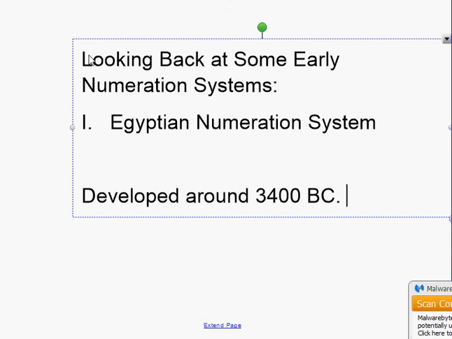And here they are: I, V, X, L, C, D, and M. Those are the symbols in the Roman numeral system. If the symbols decrease in value from left to right, then we add their values. But if the values increase in value from left to right, then we subtract their values.